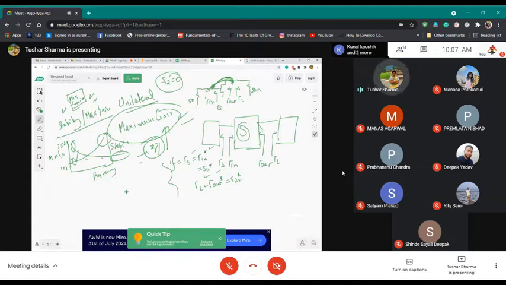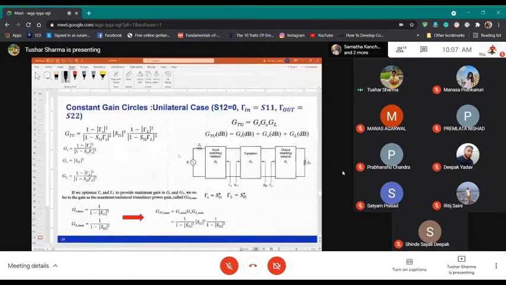You can go up to 5. But if you try to stabilize the device so much, your gain will be killed. So there has to be a sweet trade-off between gain and stability. So everyone understood this maximum gain concept? Any questions on this?